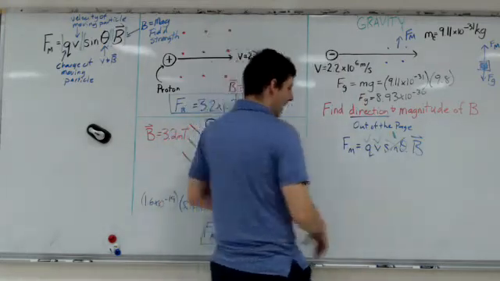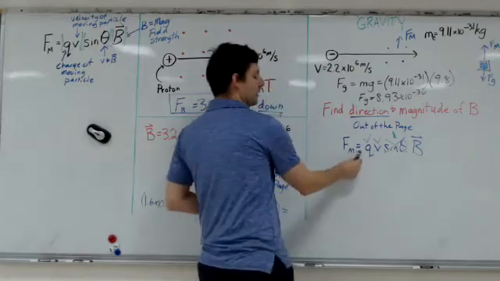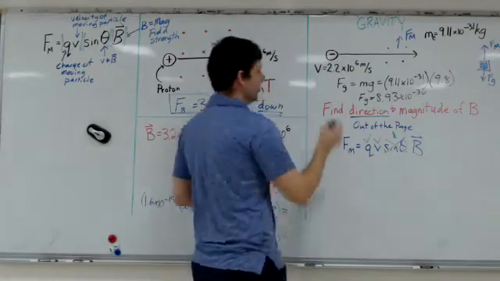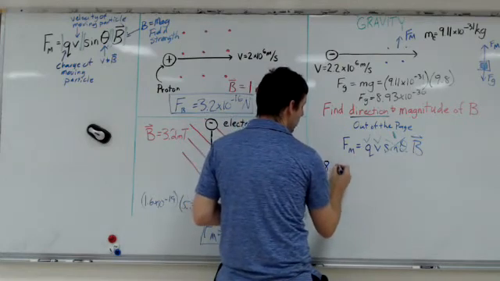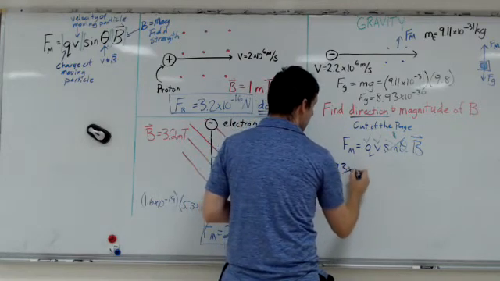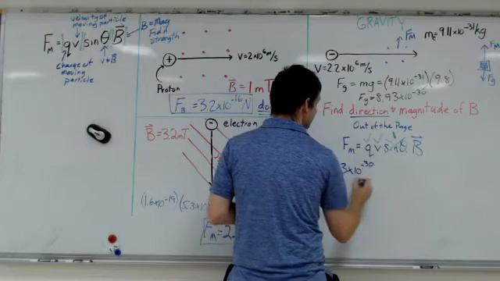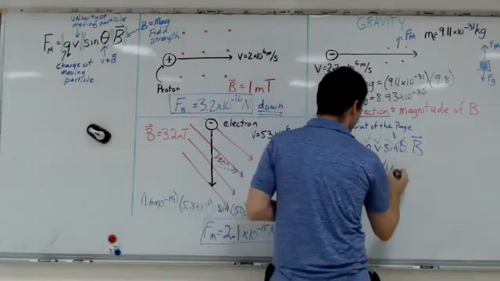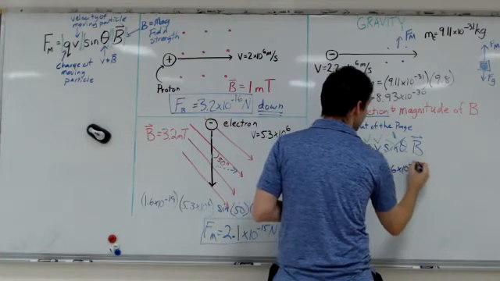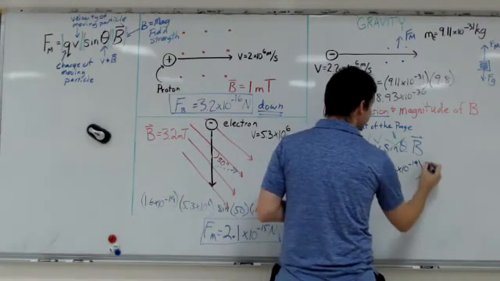So that force of gravity is what we're going to put into this equation down here, because we want the force of gravity and the magnetic force to be equal. So we go 8.93 times 10 to the negative 30th is equal to q, which was 1.6 times 10 to the negative 19th, times v.